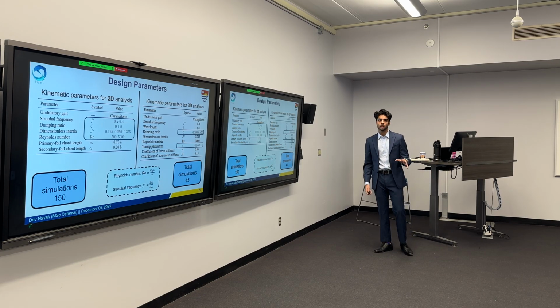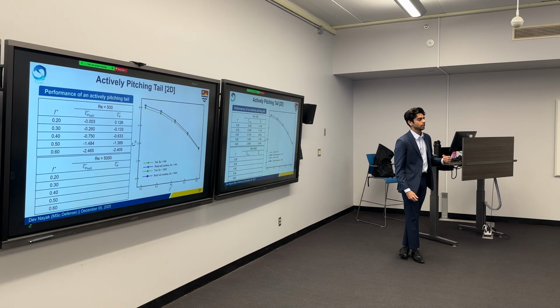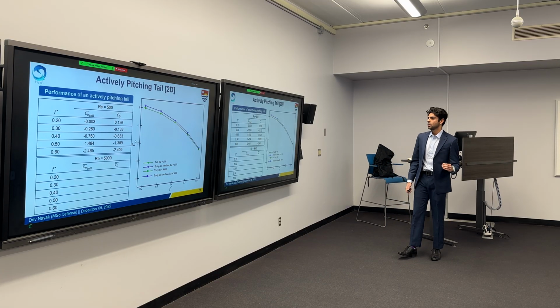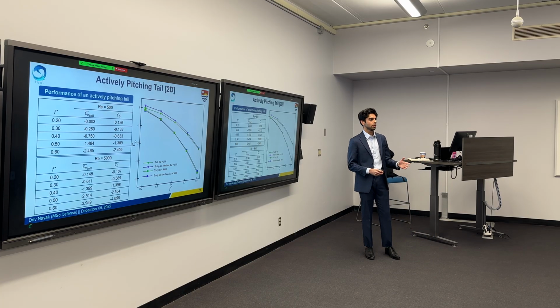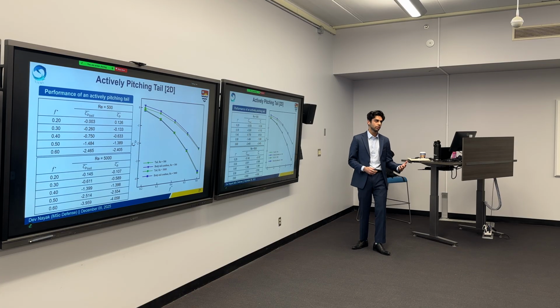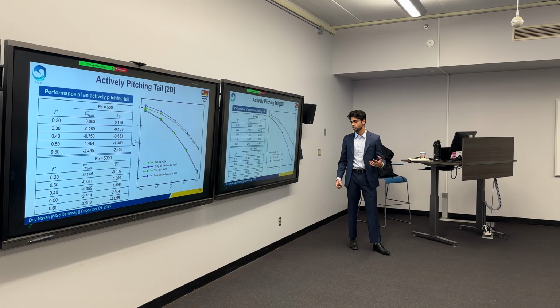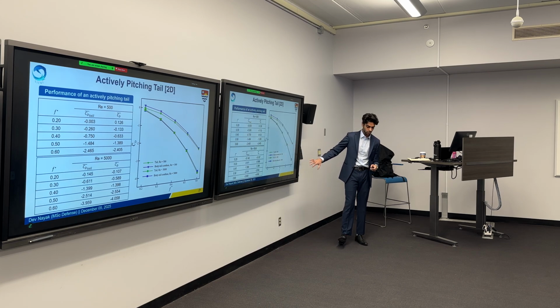So now we can look at the first aspect, which is the two-dimensional study. In the 2D study, we see the actively pitching tail, which has also been reported in a lot of research, which shows that with increasing the Reynolds number and the tail beat frequency, we do see larger thrust production, and that can be seen from this plot here as well.